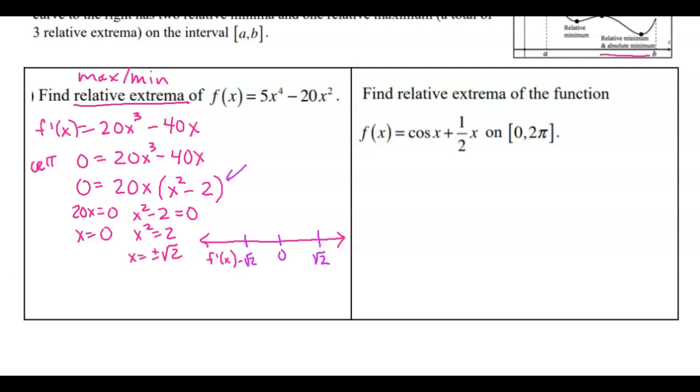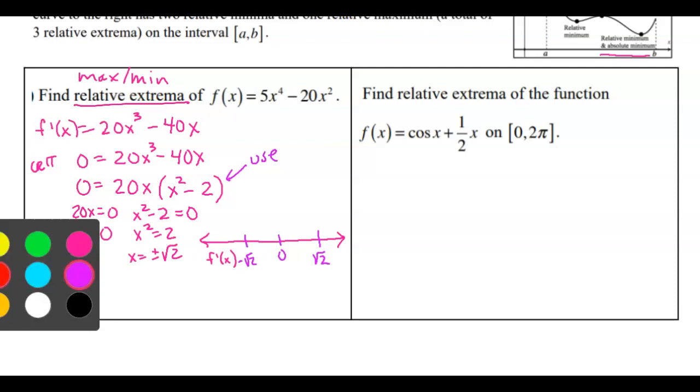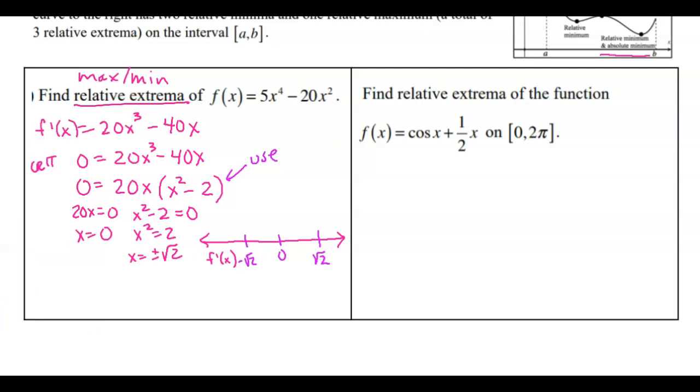And then this is what I'm going to use, because I just want to know if they're positive or negative. It's hard for me to tell on the original without a calculator that you would not have. So I need to pick any number that's smaller than negative root 2. Well, negative root 2 is bigger than negative 2, so I'm just going to pick negative 10. Okay, so if I pick negative 10, I have a negative times, well, negative 10 squared is 100. 100 minus 2 is a positive.